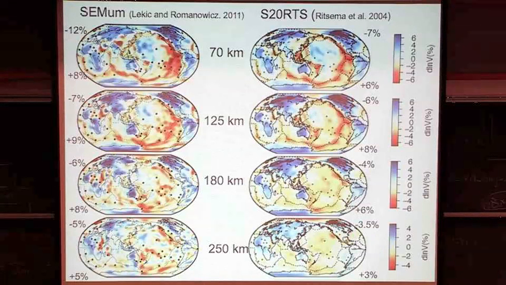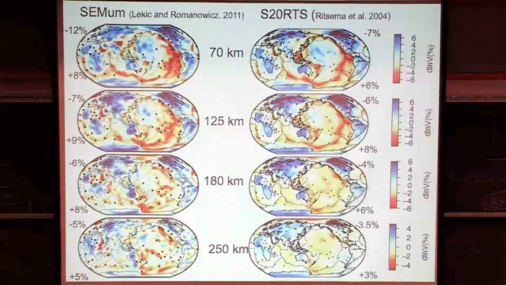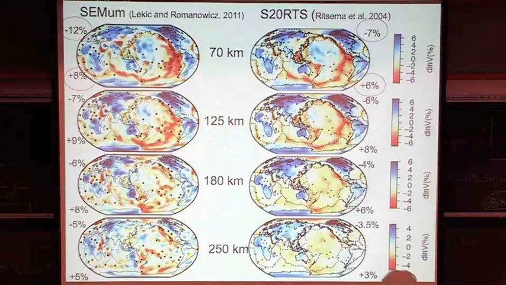And you can see that if you look at these two series of maps, they look very similar. So basically, this means that 30 years of tomography doing approximate theories still gives you some reliable information on the mantle. But the important difference is really in the amplitudes of the perturbations at the top.